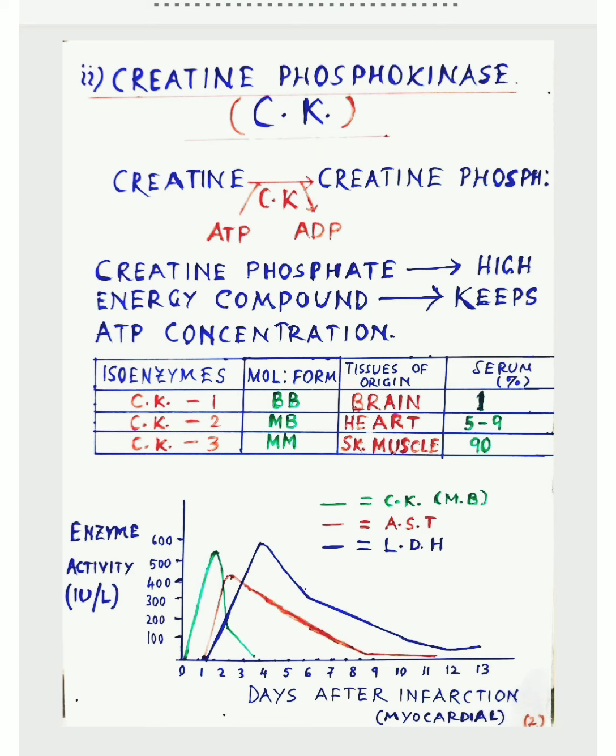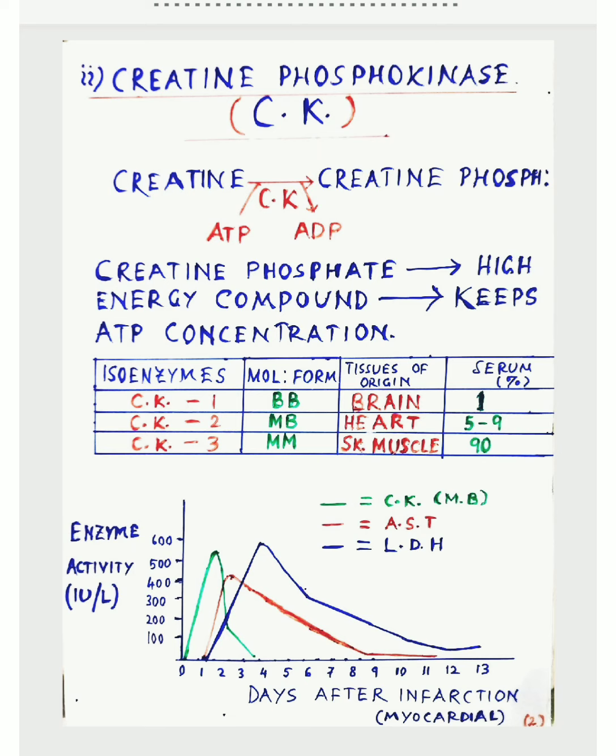Clinical use: routinely, total CPK is done for muscle damage and CPK-MB is done in suspected cases of MI. Keep an eye on the lower part of the sheet, where I have shown the time course of LDH, SGOT, that is AST, and CPK-MB in myocardial infarction.